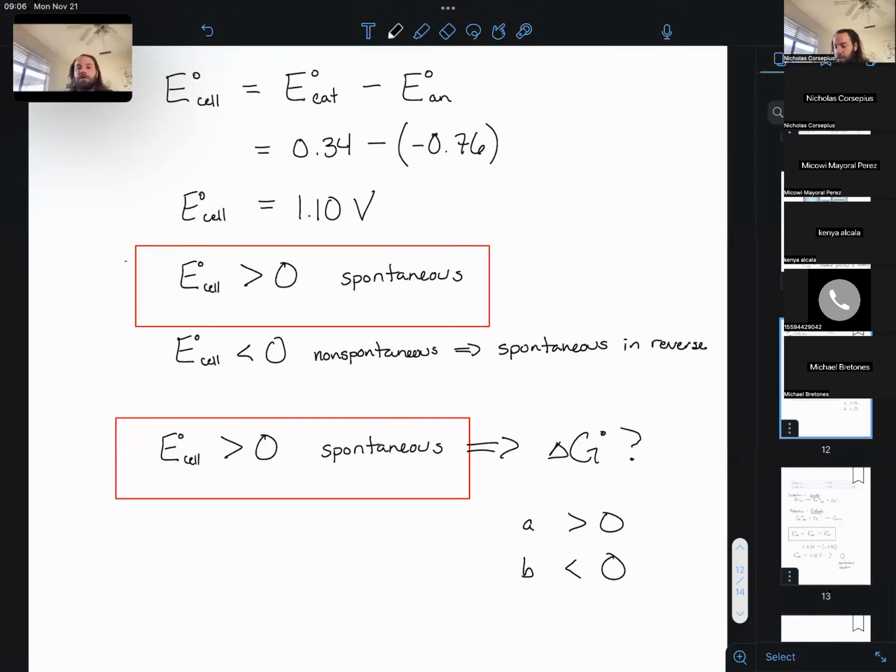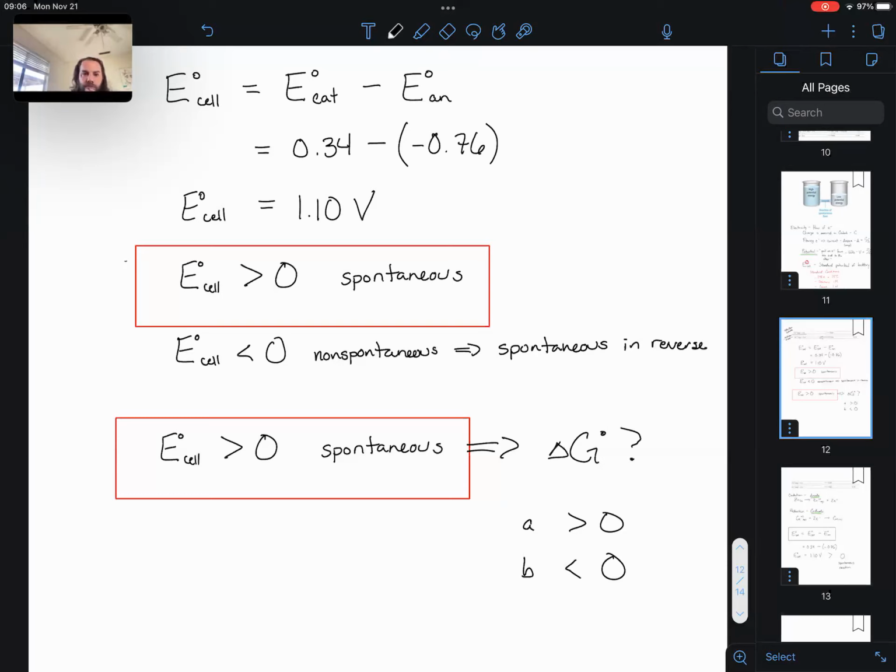All right, so I'll give you guys a minute to lock that in. All right, cool. So remember, we talked a lot about this with regard to thermodynamics. If a reaction is spontaneous, that necessarily means that delta G is less than 0.